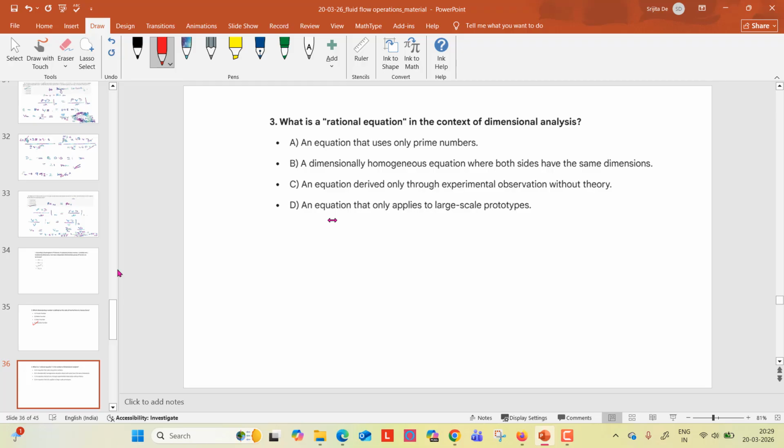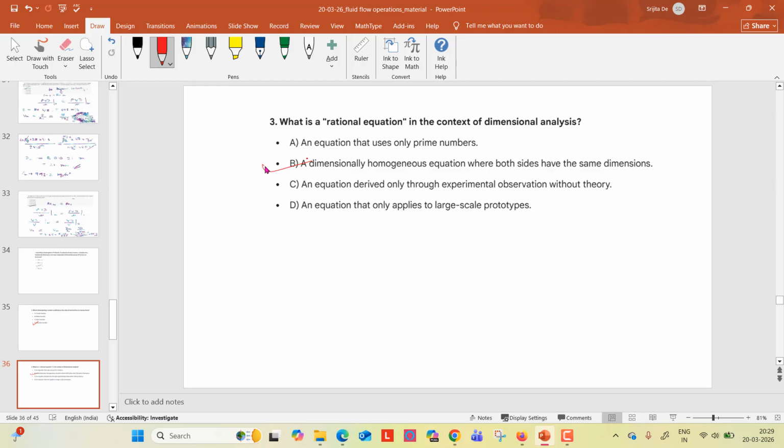It is a dimensionally homogeneous equation where both sides have the same dimensions. This is called a rational equation, and that is how we can calculate the dimensionless number.